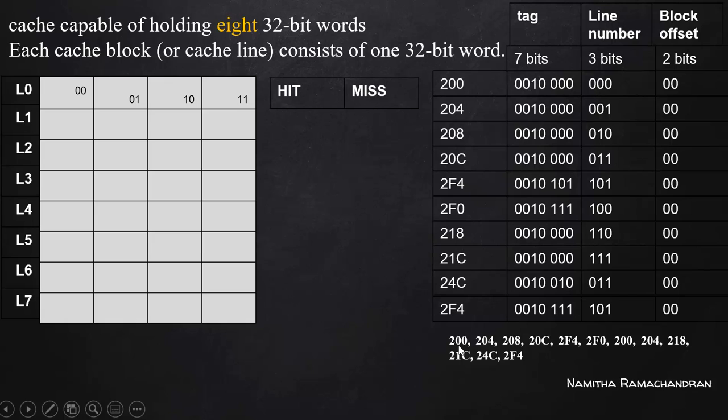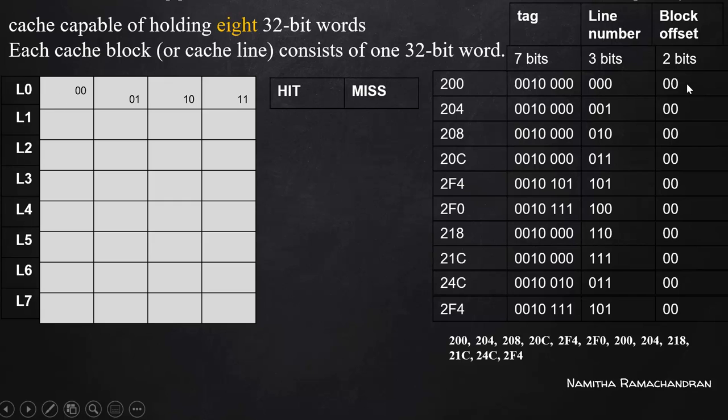Okay, so for the first pass, the first address, or the first byte that the processor wants to access, is 200. In which cache line do we need to store the byte with address value 200? Line number 0. So the 32-bit word that contains the byte with address 200, we need to transfer to line number 0 of the cache.